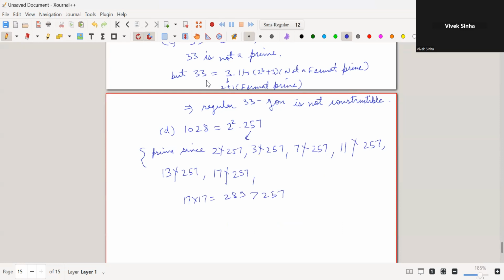But we have already seen the smaller numbers are not dividing. So we need not check for other primes, just check up to a prime whose square is less than 257.